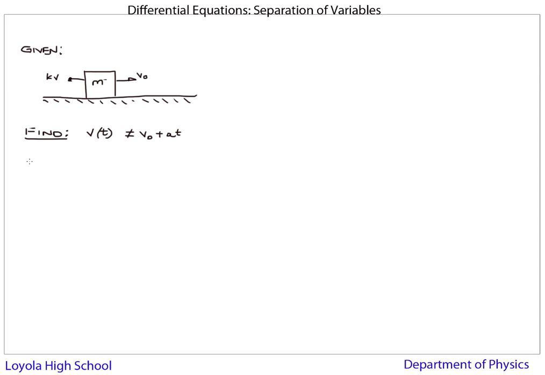So, solution. This is a force model type problem because we have some forces acting on this object. So the first thing we're going to do is draw an FBD.